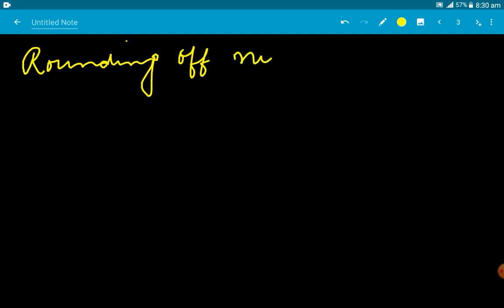Now beta, let us do the rounding of numbers. This is the new concept, rounding of numbers. Why do we need rounding of numbers? Actually, beta, this helps in maintaining a budget.